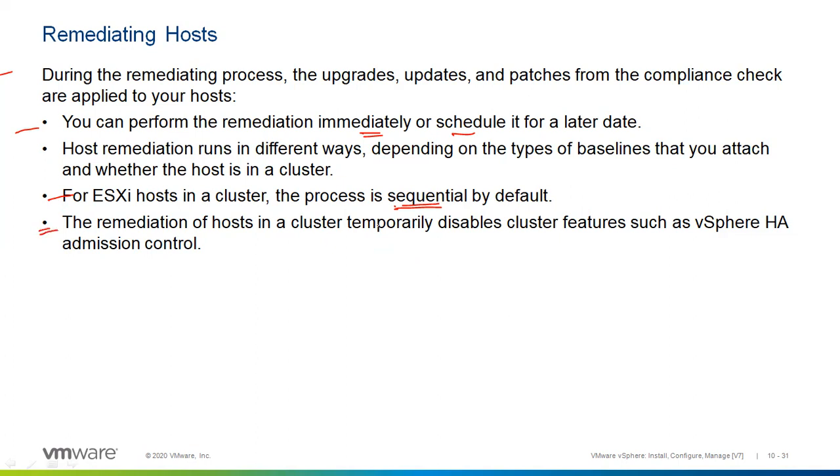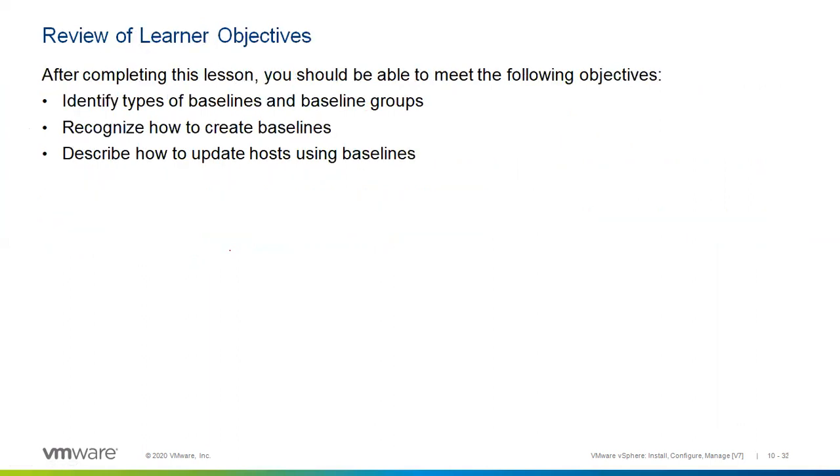The remediation temporarily disables vSphere HA admission control for the time being. Your upgrade is happening for the host, but it will bring back the default setting, whatever admission control policy you have defined.